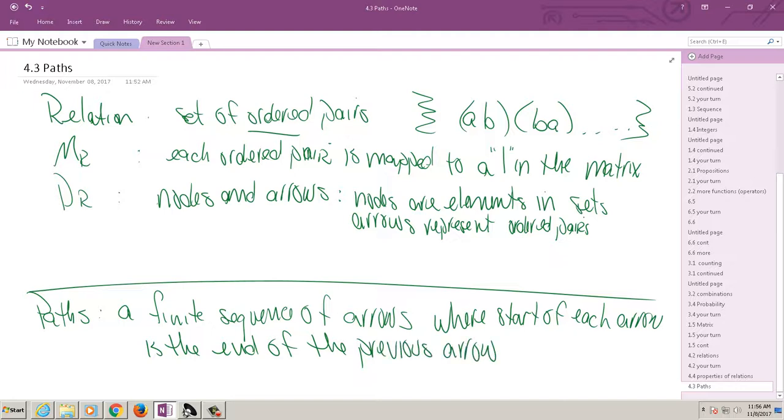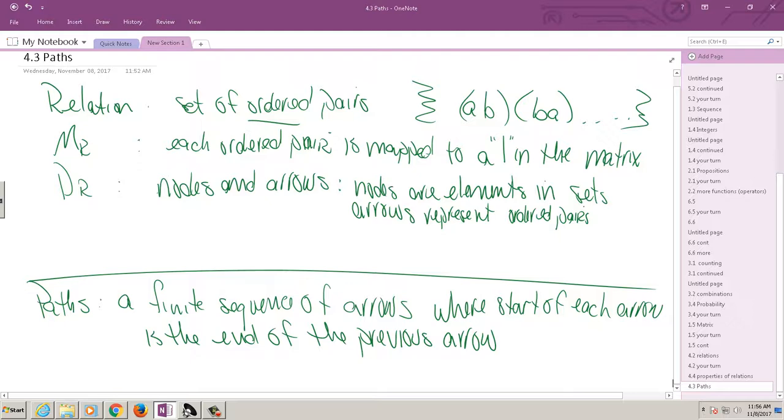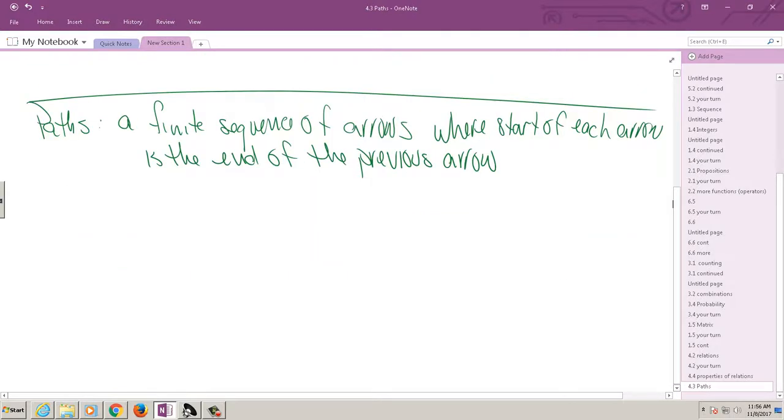So this is the path as it was defined in a digraph.